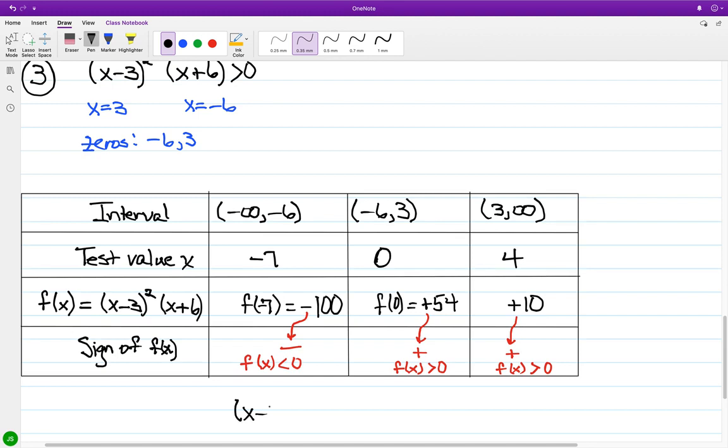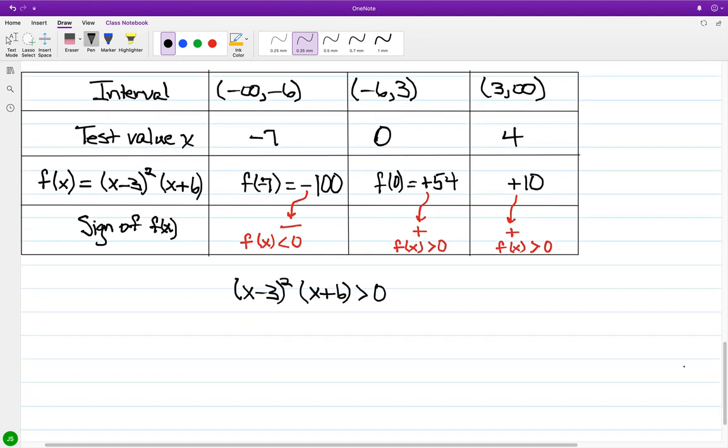And so for this particular situation, where we have the square of x minus 3 times the quantity of x plus 6 to be greater than 0, the solution will be where f of x is greater than 0. So for the first subinterval we have -6 to 3 in parentheses, followed by those values of x greater than 3.